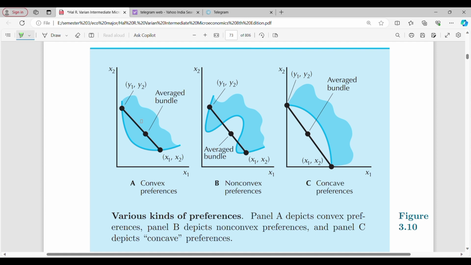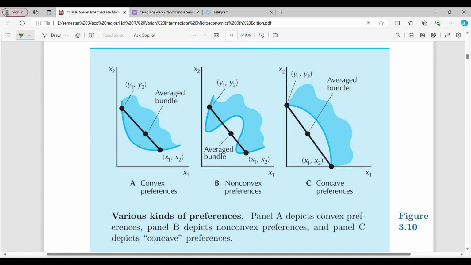Suppose that y and x are different bundles, then if averages are preferred to extremes, all of the weighted averages of x and y are weakly preferred to the x and y bundles. A convex set has the property that if you take any 2 points in the set and draw the line segment connecting those 2 points, the line segment lies entirely in the set. This is the explanation given in the above paragraph.